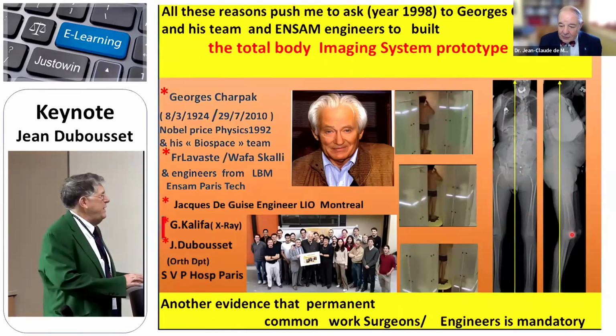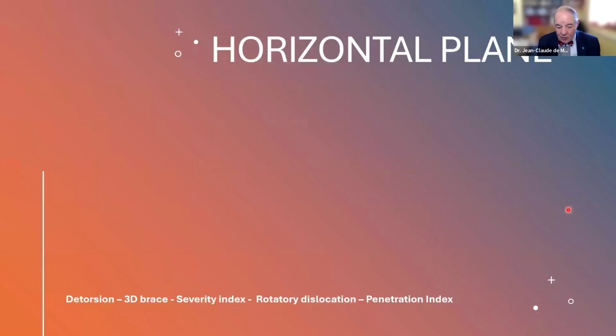We will see after that we have a pelvic retroversion, so we can calculate the flexum of the femoral flexion. And we have a lot more information for our patient.